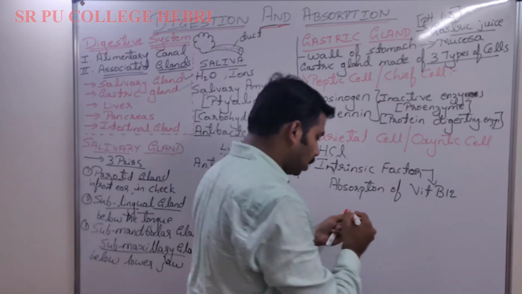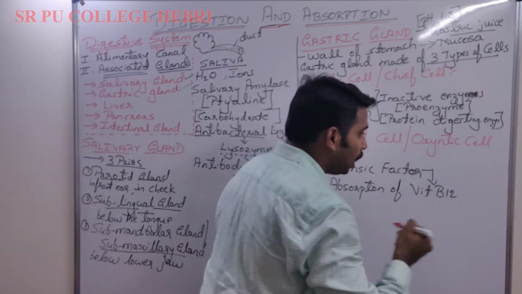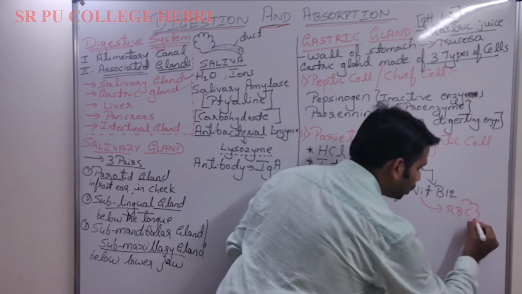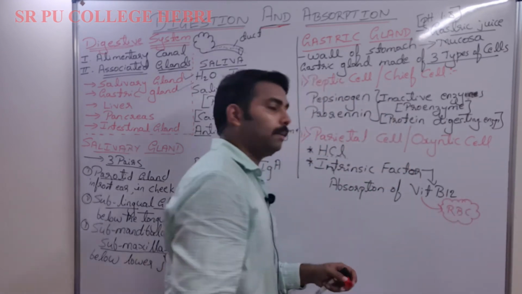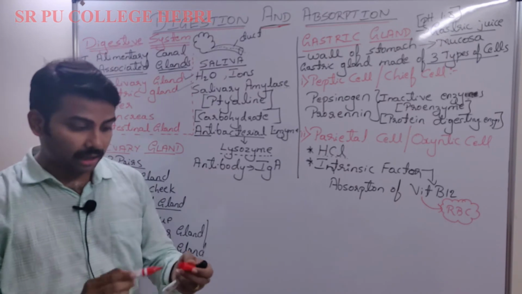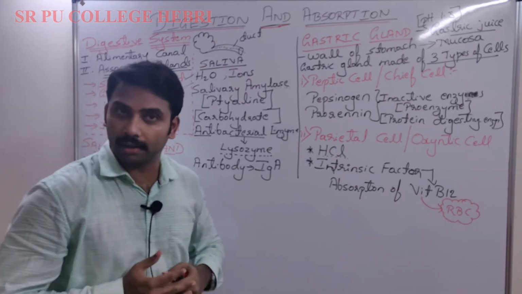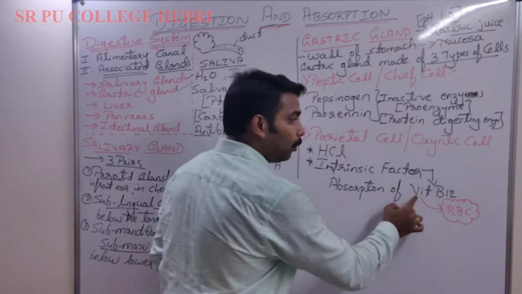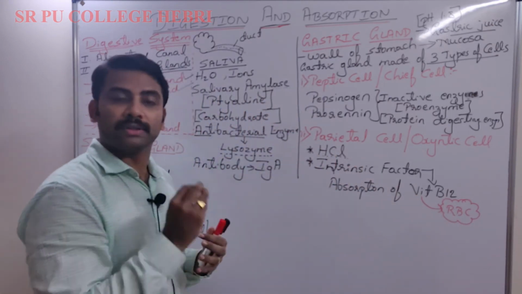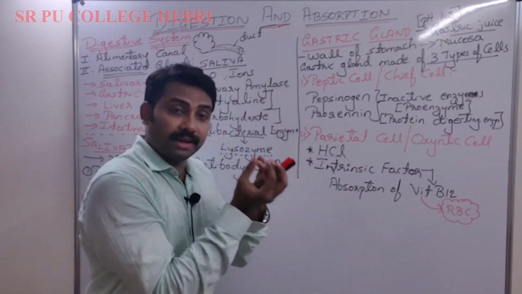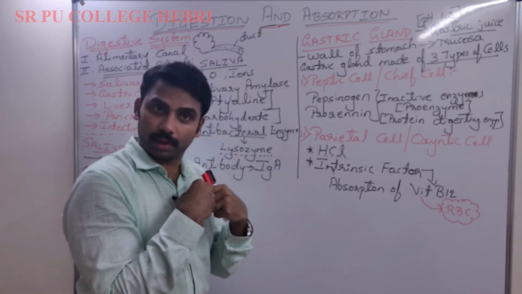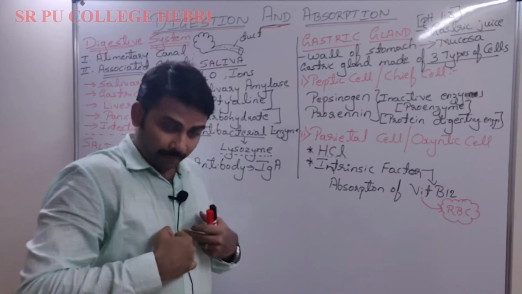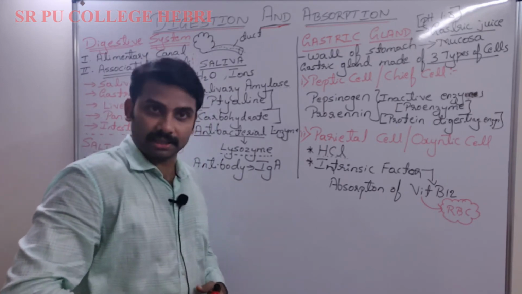What is the use of this vitamin B12? Vitamin B12 helps in the formation of what? Red blood corpuscles, nothing but RBC, ಕೆಂಪು ರಕ್ತ ಕಣಗಳು ಅಲ್ವಾ. RBC formation ಆಗಬೇಕು ಅಂತಾದ್ರೆ vitamin B12 ಬೇಕು. This vitamin B12 is present in our food. That vitamin B12 passes through my stomach and small intestine.